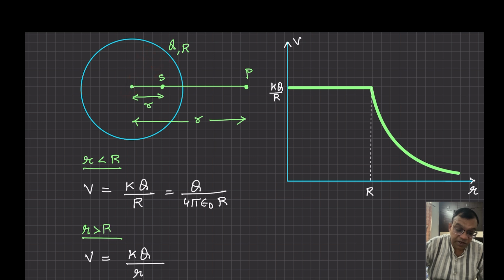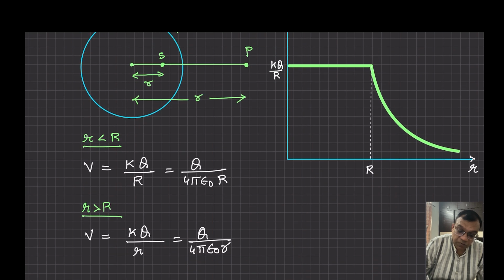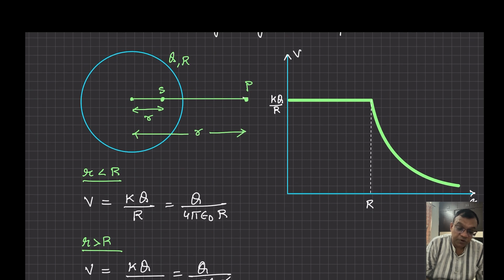Inside, the potential is kq by r, that is q upon 4 pi epsilon naught R, and at any outside point it is kq by r, that is q upon 4 pi epsilon naught r, which is the same as that of a point charge placed at a distance r. So for any outside point, the uniformly distributed hollow sphere can be considered as a point charge placed at its center.